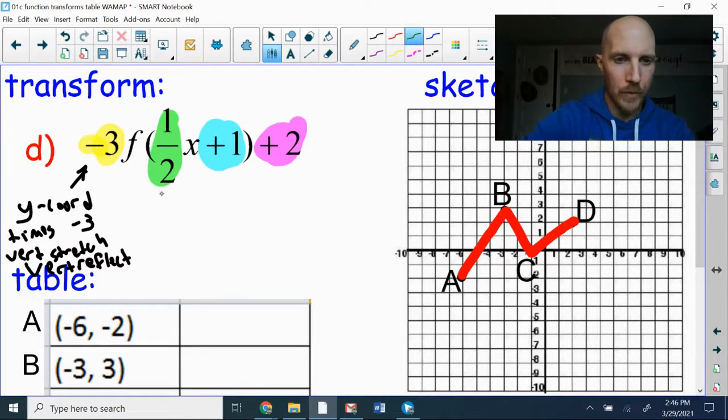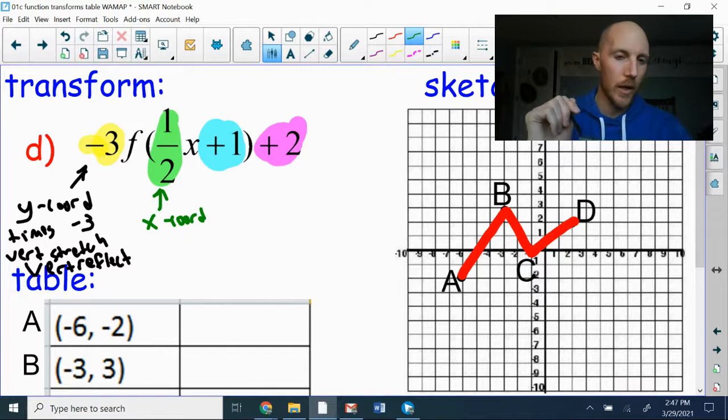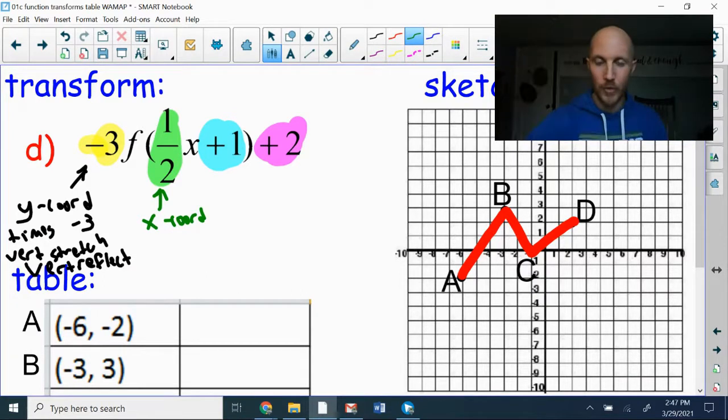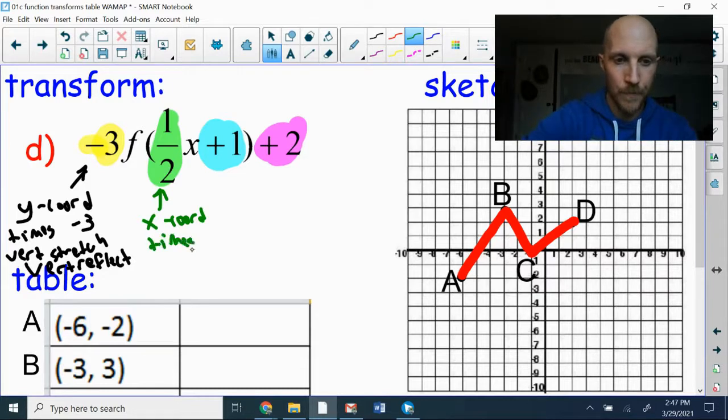Okay, the green one, this affects the x coordinate. I know that because it is inside the parentheses. I'm going to take the reciprocal of that k number, so a half. The reciprocal is going to be 2 over 1, so I'll be multiplying by 2. And that is a horizontal stretch.